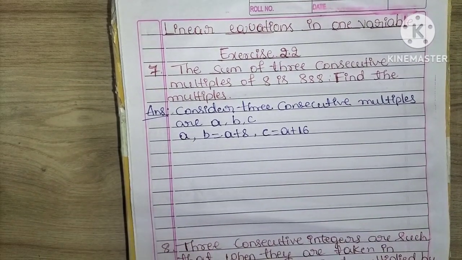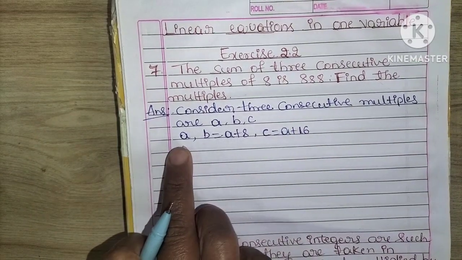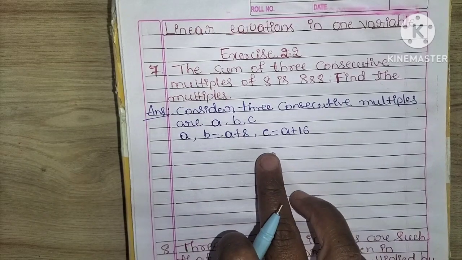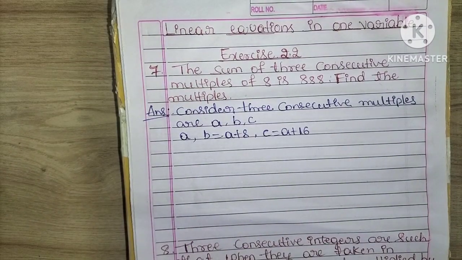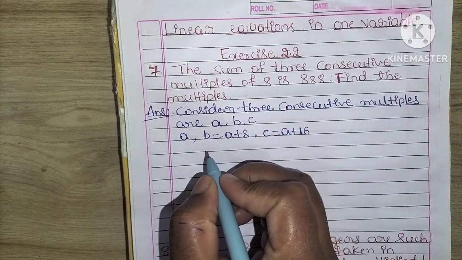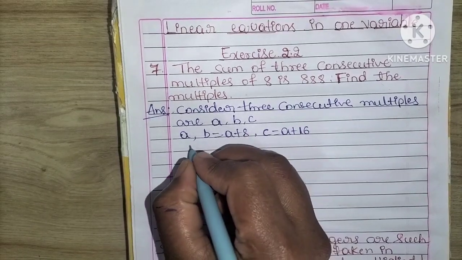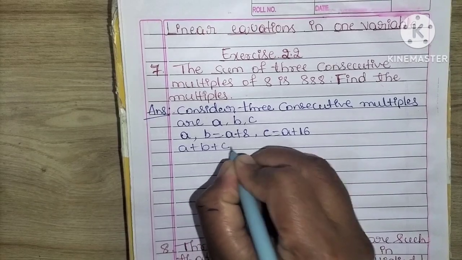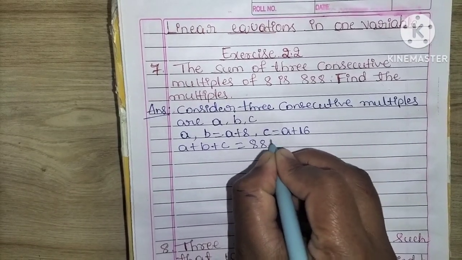For easy calculation, I am taking A only. A is the first number, the second number B is equal to A plus 8, and the third number C is equal to A plus 16. The sum of these three consecutive multiples means A plus B plus C is equal to 888.